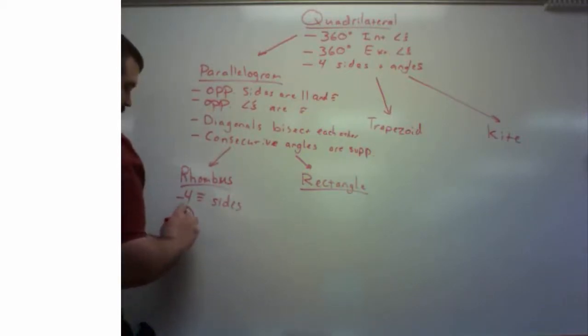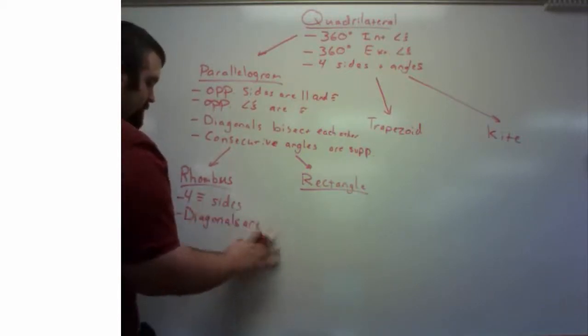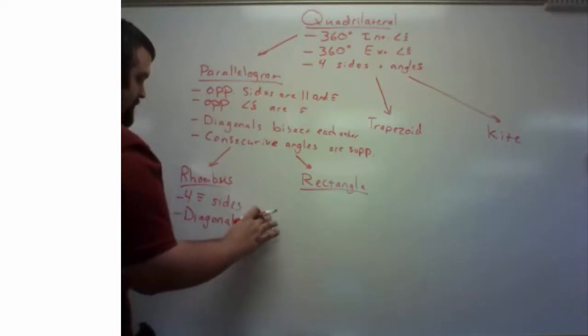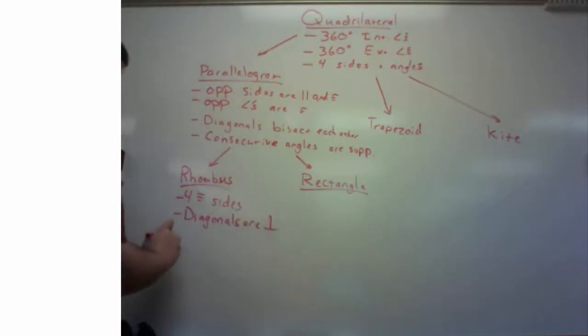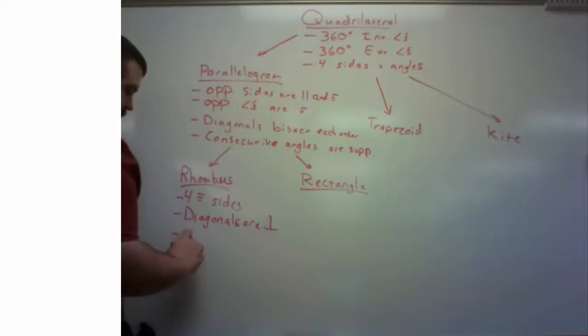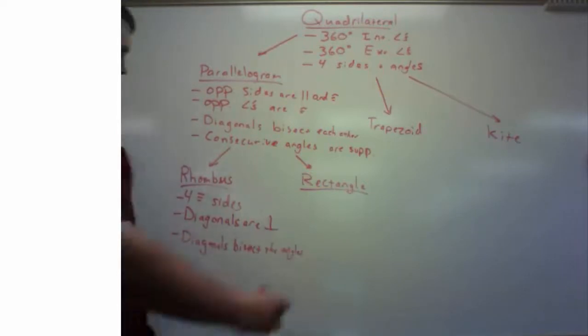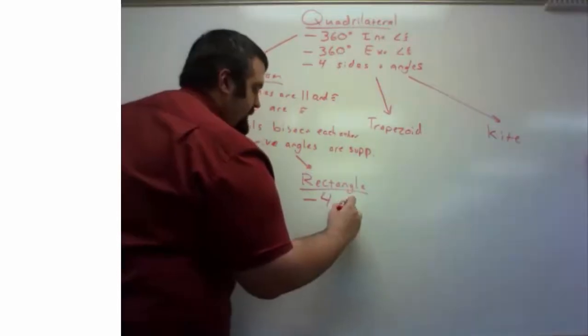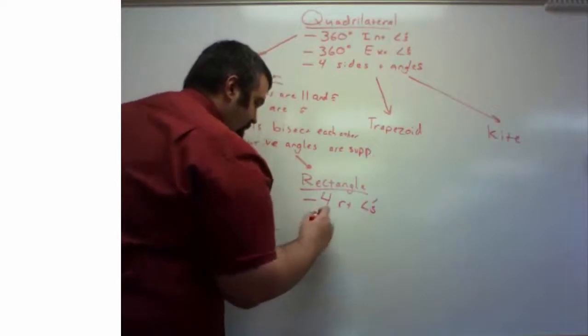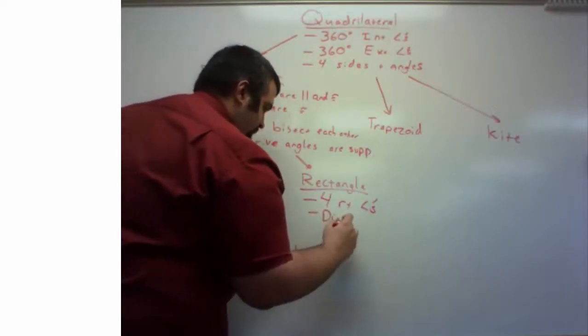It has diagonals that are perpendicular. So remember the symbol for perpendicular is an upside down capital T. And diagonals bisect the angles. Alright, and for a rectangle, it has four right angles. And it also has diagonals that are congruent.